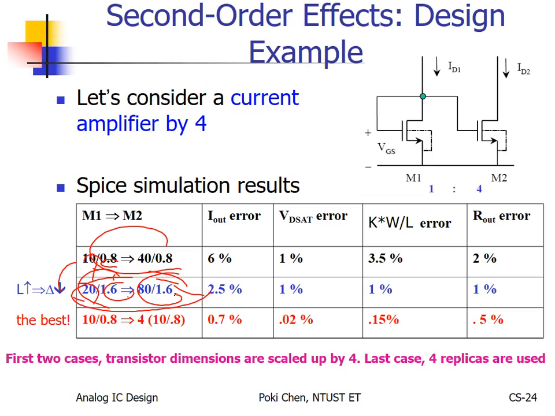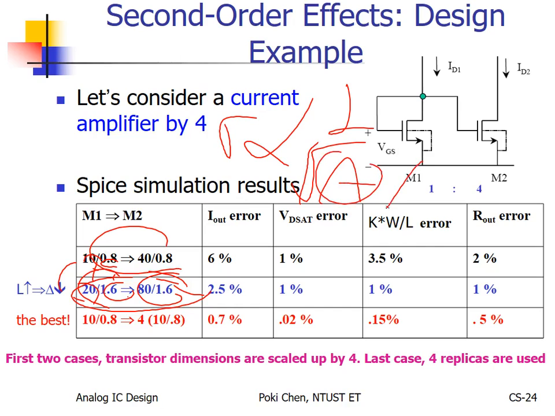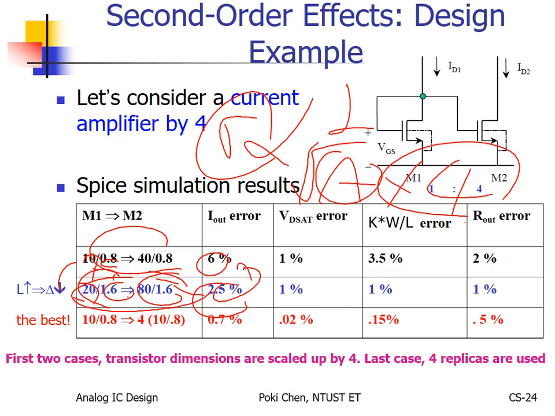I told you already, since this one is increased by 4 times, the width is doubled, the length is doubled, the area is increased by 4 times, so the standard deviation is decreased by 2 times. Wow, from 6% to 2.0, almost 50% reduction.